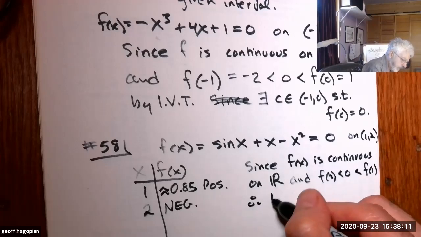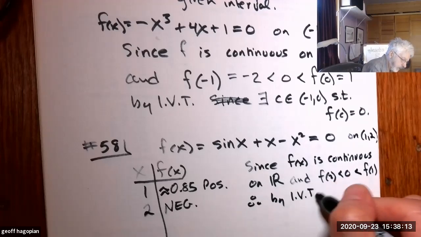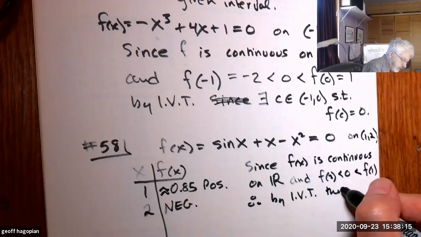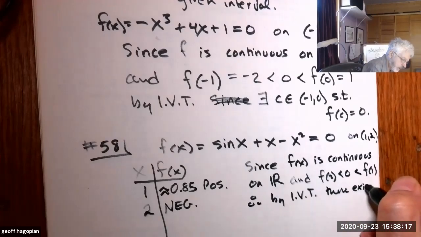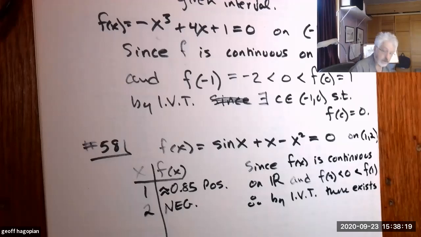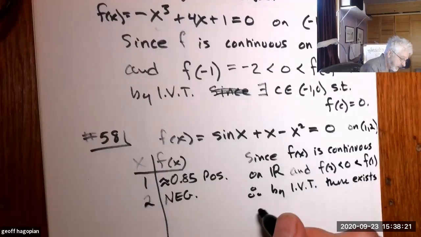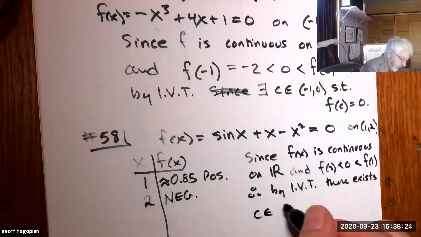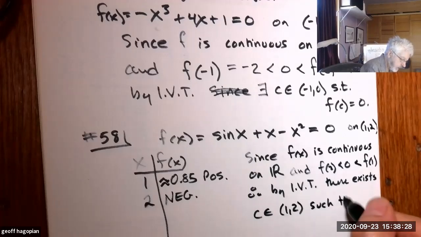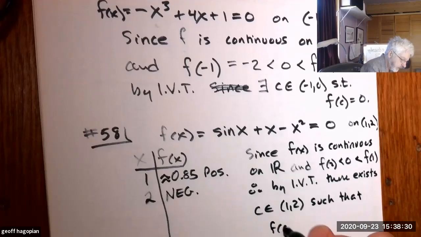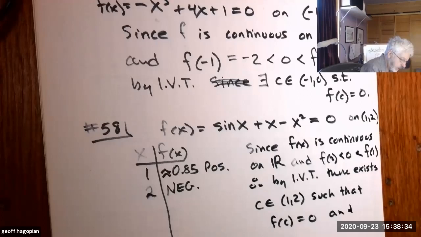Therefore, by the intermediate value theorem, there exists a C on the interval from 1 to 2 such that f of C equals 0, and the equation is true.